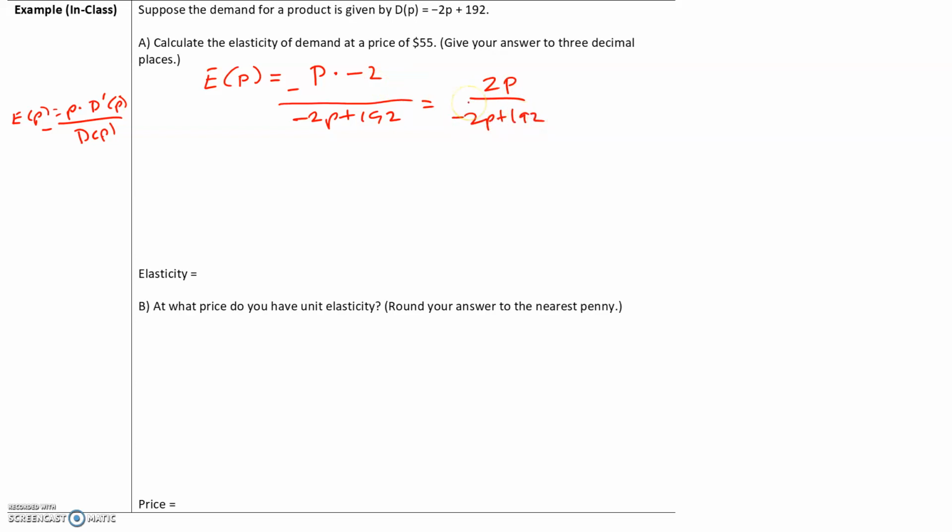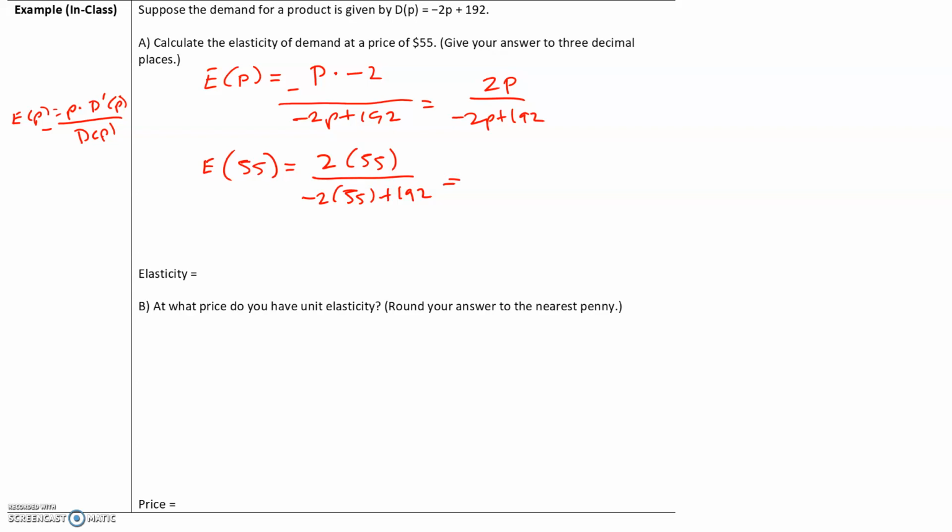That's our elasticity function, but we want to find the elasticity at a price of $55. So in other words, if this item costs $55 and prices were increased, would the demand stay unchanged? So we have 2 times 55 divided by negative 2 times 55 plus 192.